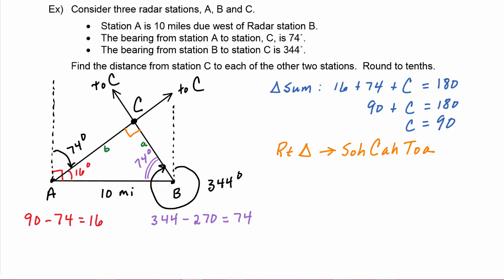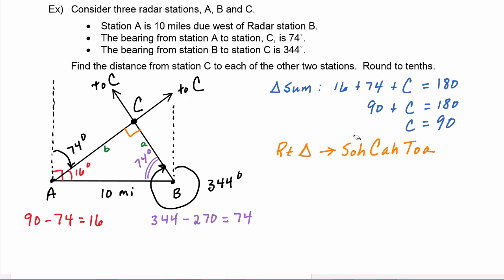So to find little side a here, we see that we could use either the 16 degree or the 74 degree. It's your choice. If we use the 16 degree angle, then a is the opposite side and the 10 is the hypotenuse.